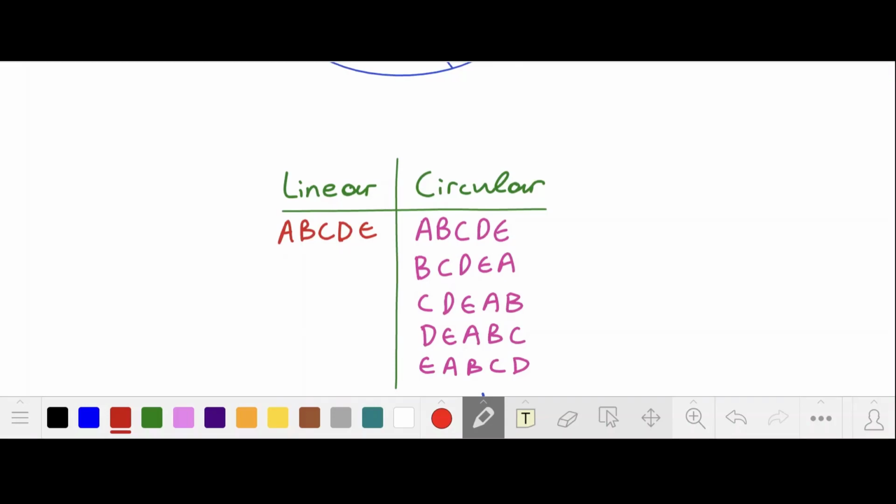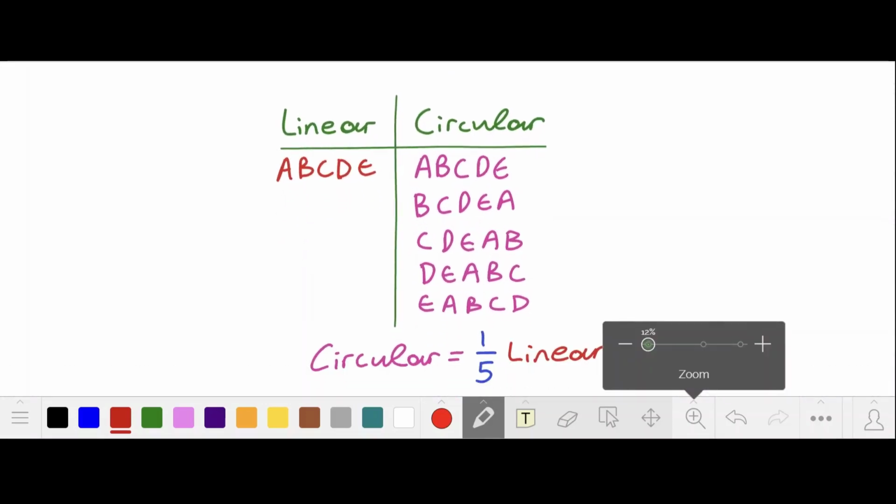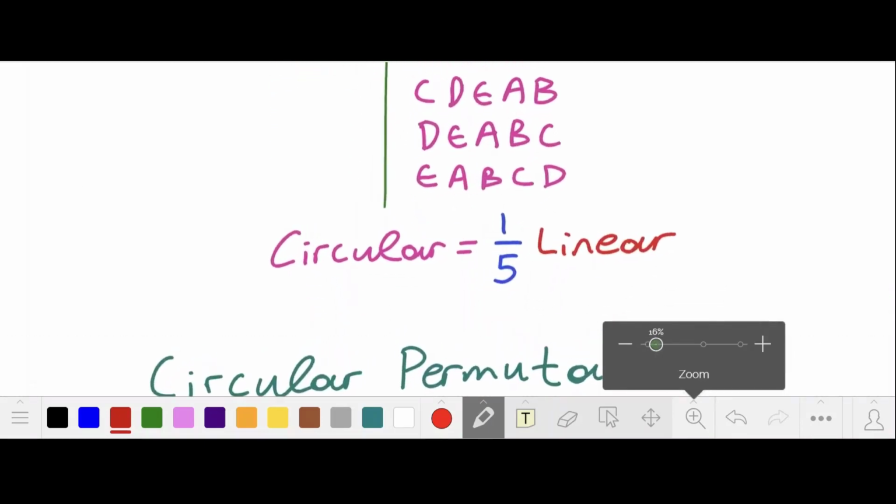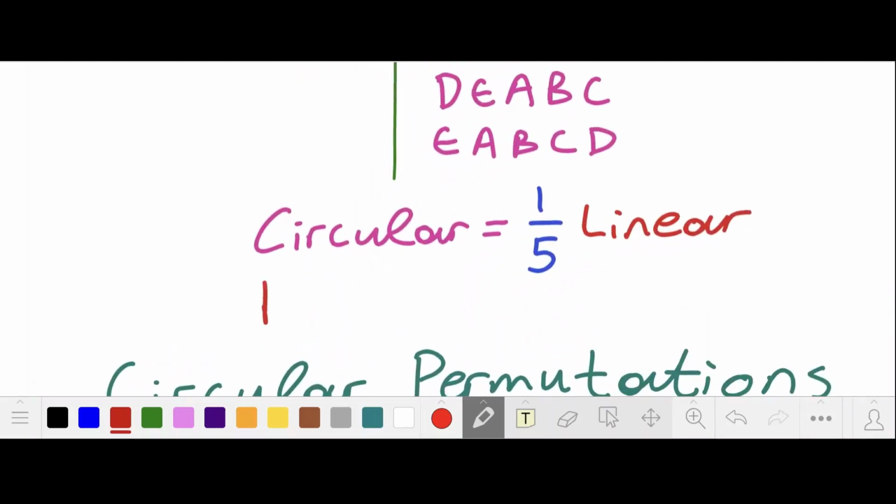Hence, we can calculate the number of circular permutations by relating them to the linear permutations. Each linear permutation corresponds to 5 circular permutations, so there are only 1/5 as many circular permutations as there are linear permutations. We know that the total amount of permutations of 5 objects taken 5 at a time is equal to 5 factorial.